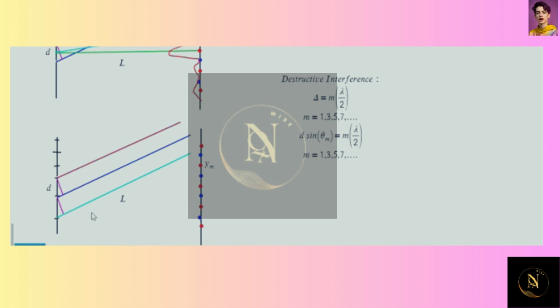So combined, they are all going to constructively interfere to produce a bright fringe on the screen here. Let's eliminate these. On the screen, what we're going to see is a well-pronounced first bright fringe, a well-pronounced first order bright fringe.